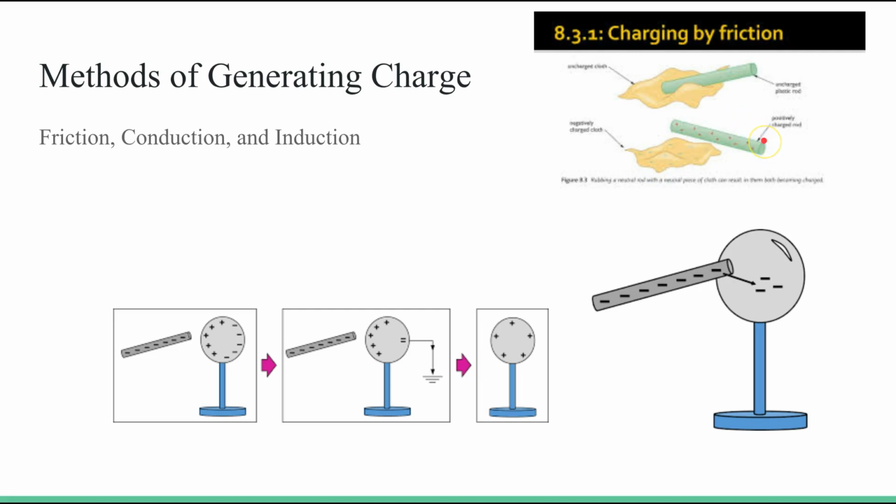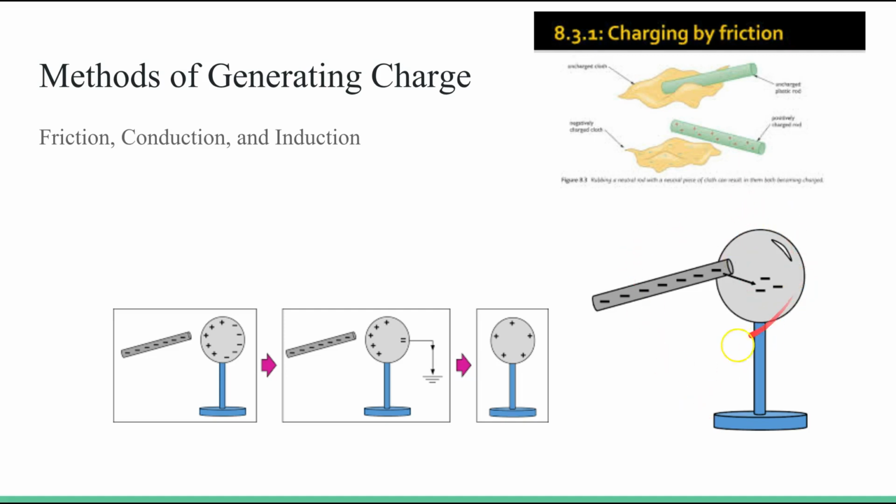And this will become positively charged, not because protons moved, but because it lost electrons. There are fewer electrons. That means the positive protons will win out, so it will have a net positive charge.